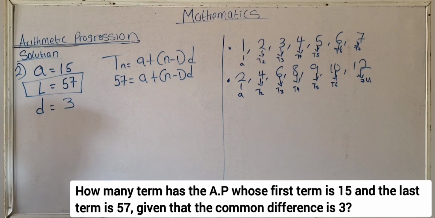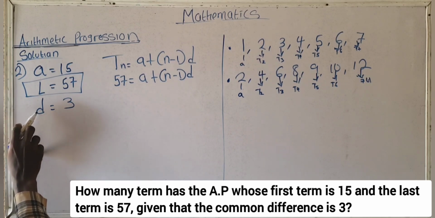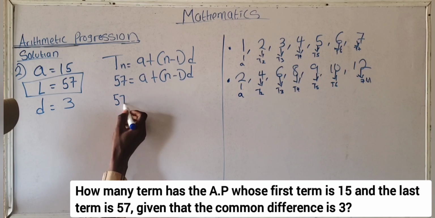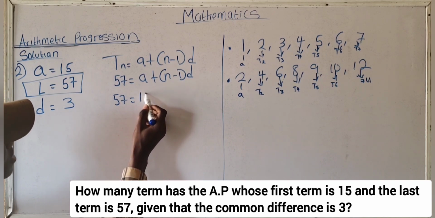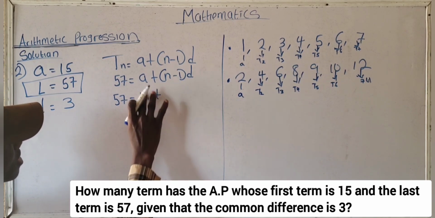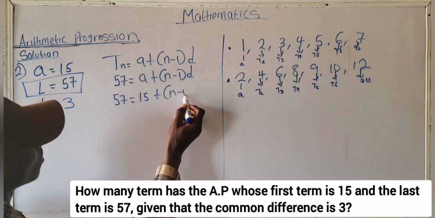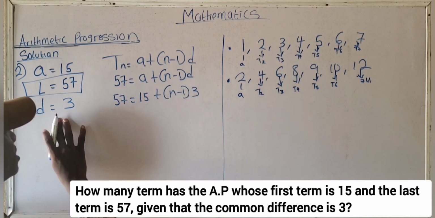Are you paying attention? Recall that a and d are what? a is 15 and d is 3. So I'm going to have 57 equals 15 plus n minus 1 multiplied by 3, because d is 3.